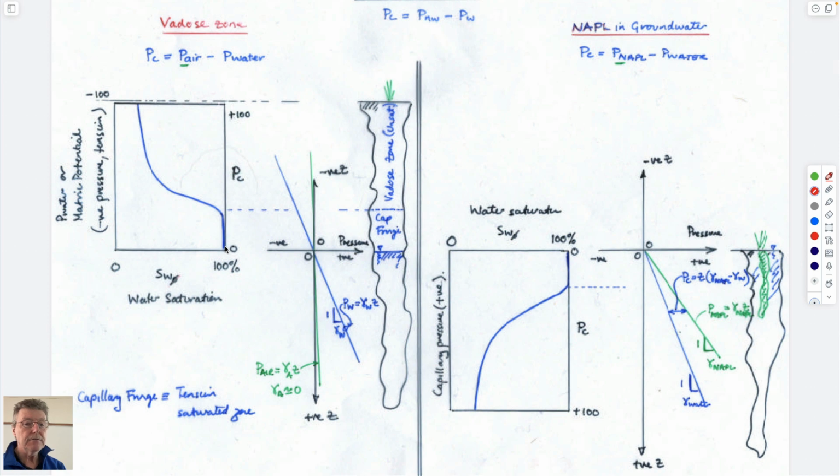So this means that in the tension saturated zone, the aquifer is fully saturated above the water table. Water table by definition is where the pressure at the water table is atmospheric. But as you go above that, the actual water pressure is in tension, so it's less than atmospheric. And so this is being held in place by the tension in the water.